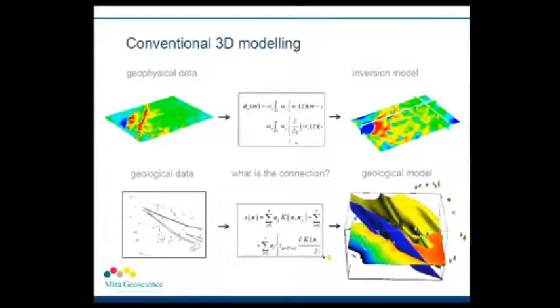And out at the bottom right comes a geological model. It's a similar sort of process. Data, equations with a lot of weights, model out. The model that comes out, whether it's on the top or bottom, whether it's a geological or geophysical model, is just one of many, many models that are consistent with the data.